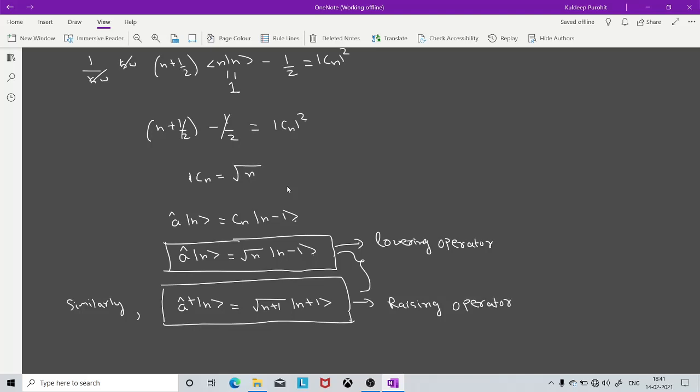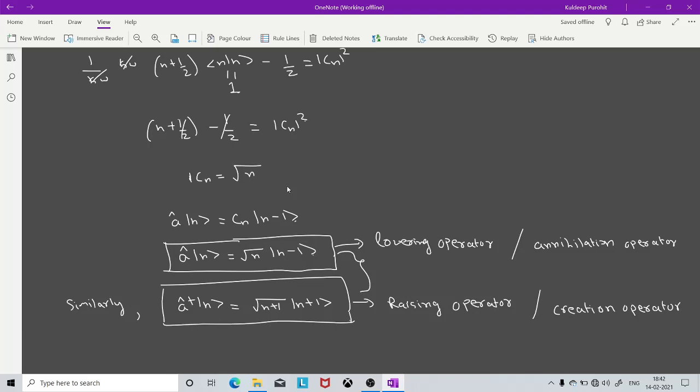When we are talking about single particle quantum mechanics or the harmonic oscillator, we call them the lowering operator and raising operator. But in quantum field theories and other branches, we come across the same type of operators, but there we call them the annihilation operator and creation operator. The lowering operator is generally known as the annihilation operator, and the raising operator is generally known as the creation operator.